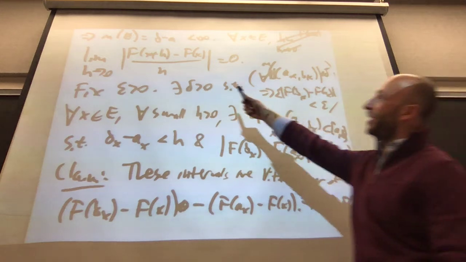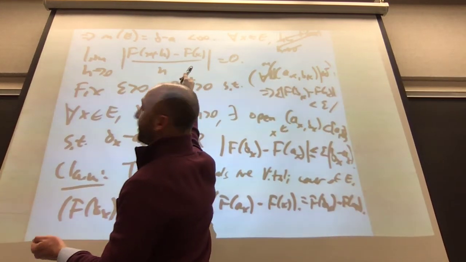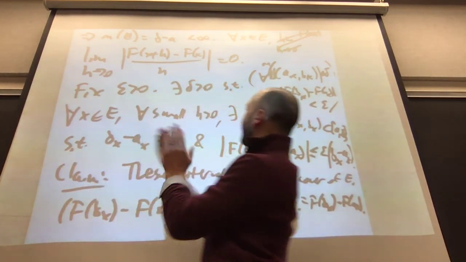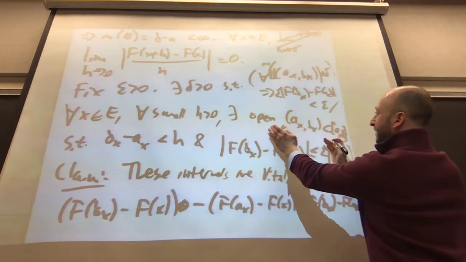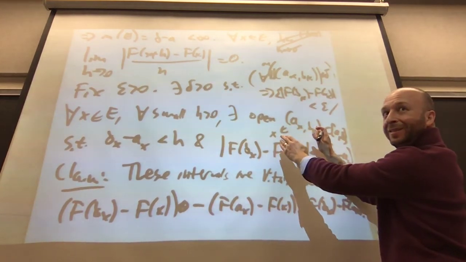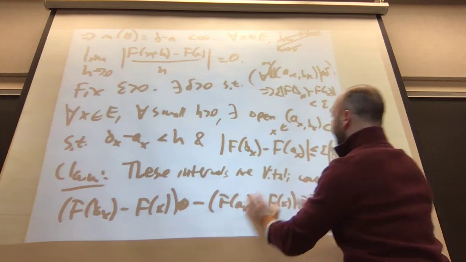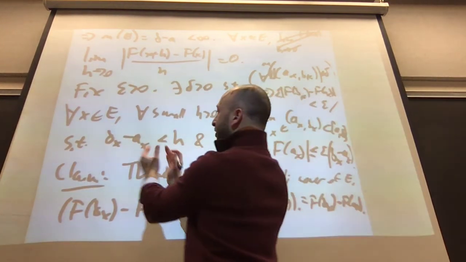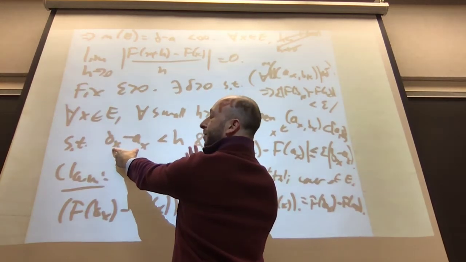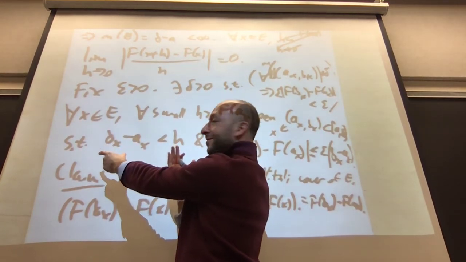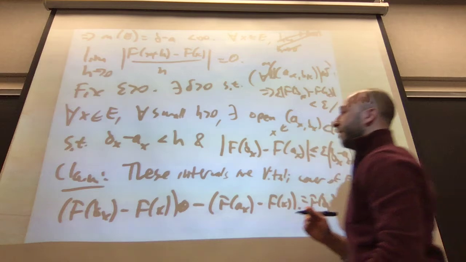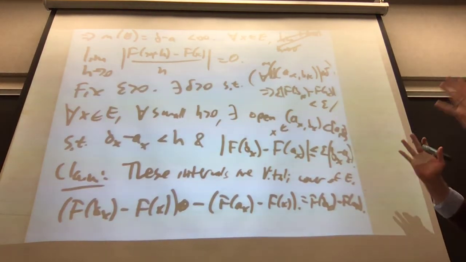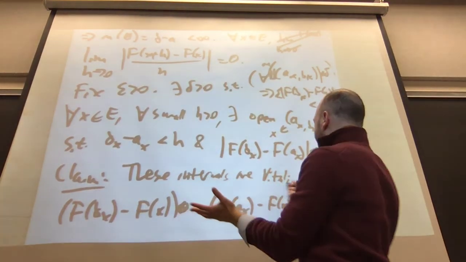Okay, so you didn't have to go from x plus h to f of x. You have some a that's below x and some b that's above x, and you catch these 2 conditions. And for every single h, I just need one interval of length at most h. So that's zooming in. Why are these intervals a Vitali cover?